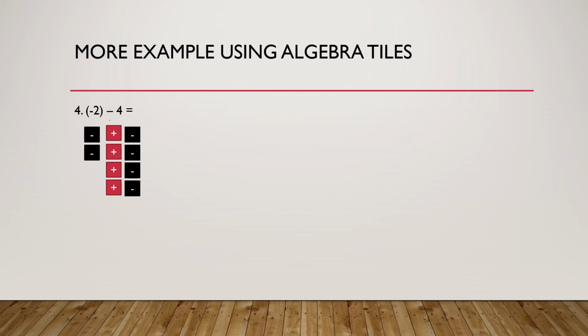We can take away the positive tiles. What is the answer now? How many are left? 1, 2, 3, 4, 5, 6. What is left is negative 6. So, negative 6 is the answer.